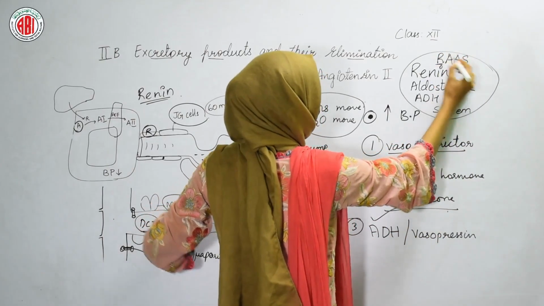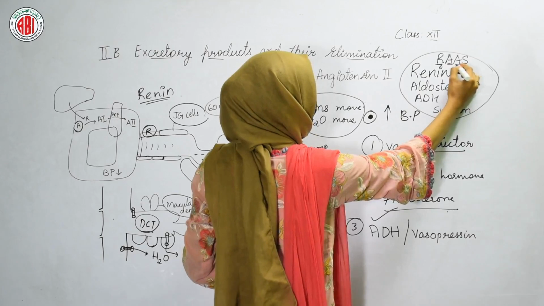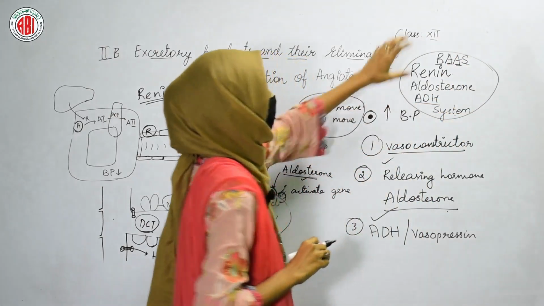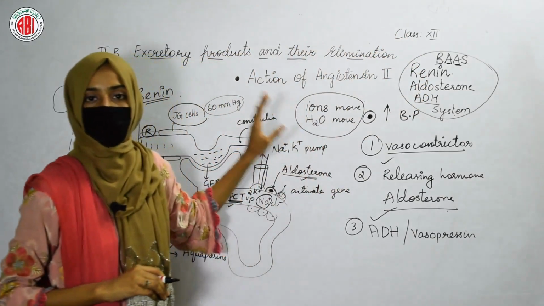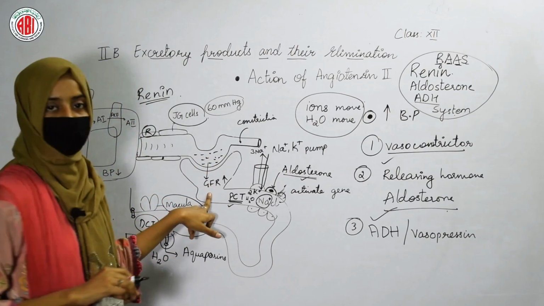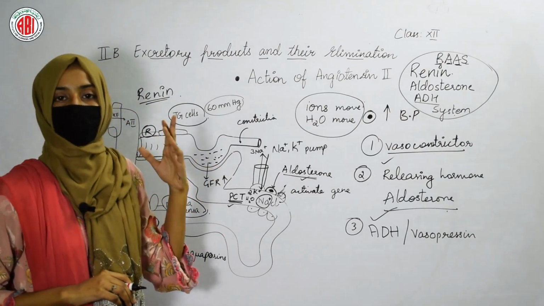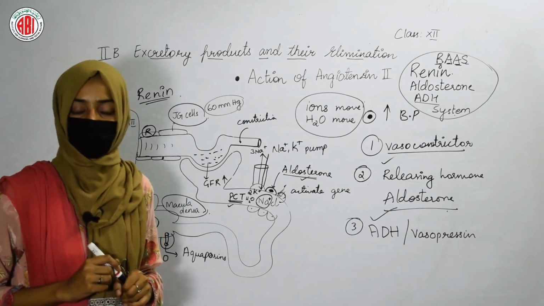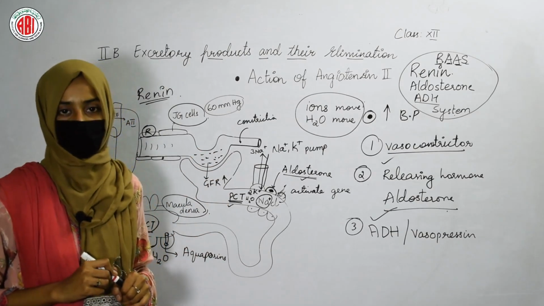R is for renin, A is for aldosterone, another A is for ADH, and S is for system. The RAS system helps to increase the GFR and to make our BP high. This is what happens in the nephron of our kidney when the blood pressure becomes low.